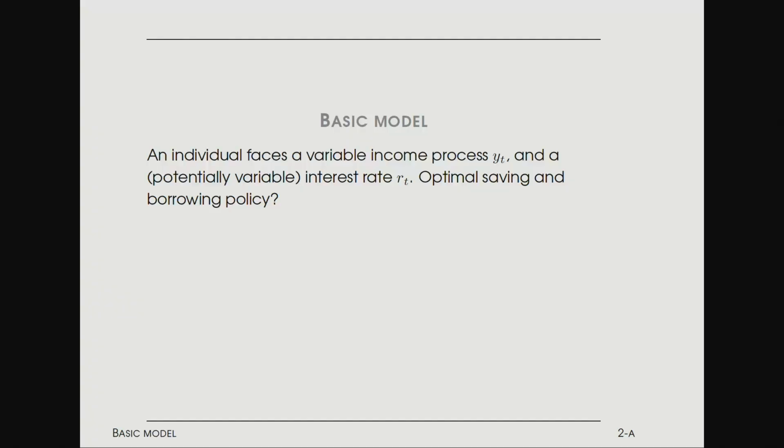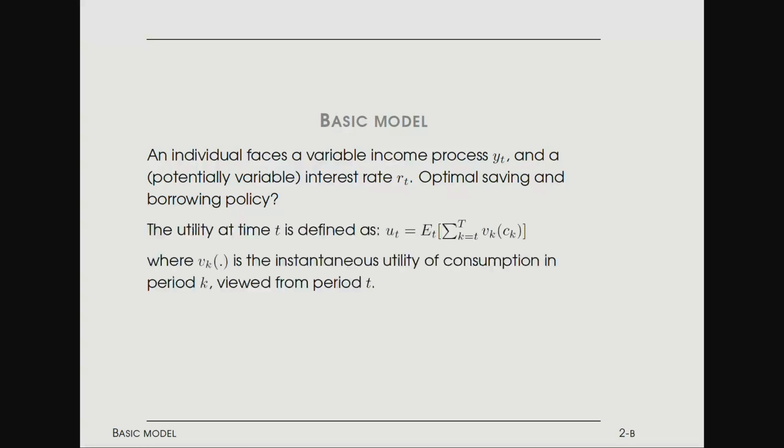So suppose that an individual follows a variable income process and an interest rate. The question of intertemporal maximization is how much they should save and borrow if they can borrow.